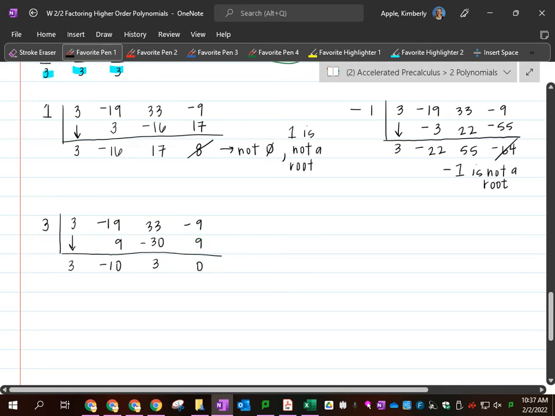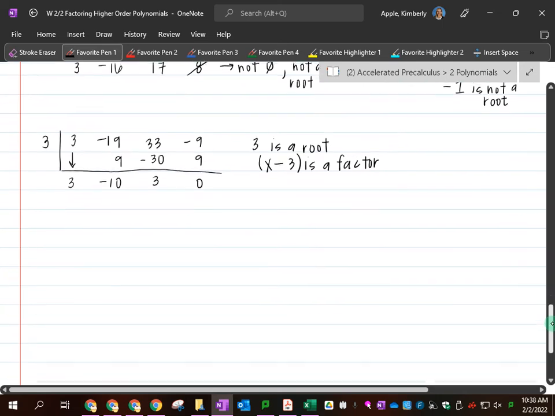Looks like 3 is a root. Yes. So that means that 3 is a root. So x minus 3 is a factor. Now we're cooking with grease.